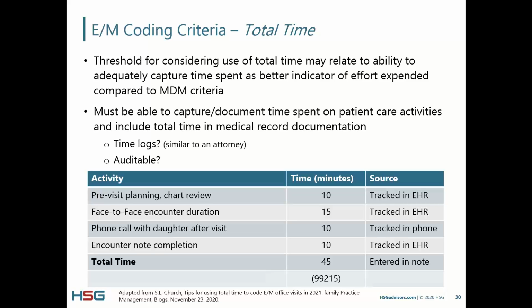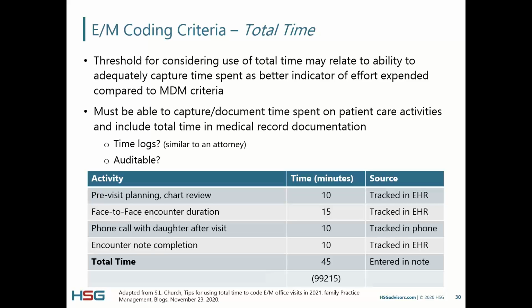Some of those things might be tracked in the EHR. Sometimes we lose track of how long we spent on the phone, and many of our phones can now tell us how long we spent on a given call. So we can find that information as well, tracked in the phone. Thinking about how I would do this, I'd probably go with some kind of flowchart or time log, as onerous as that is.